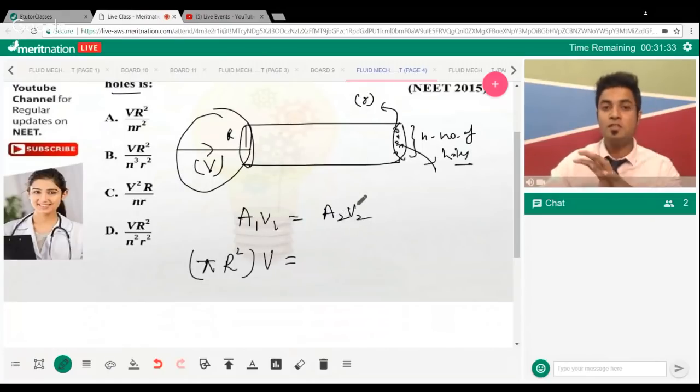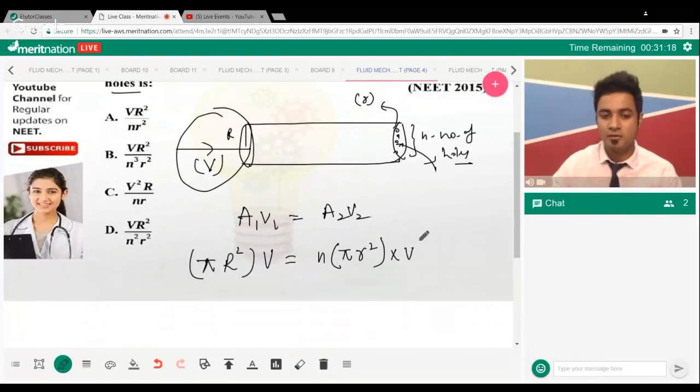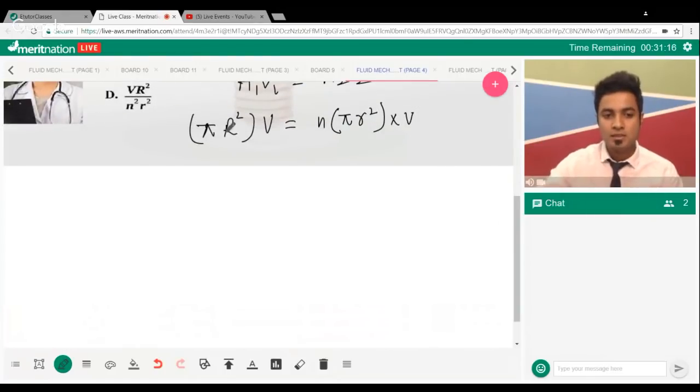You have to consider the n holes, because water is coming out from all the holes, so we multiply n with each hole's area, and we need to calculate the velocity here, right? How would you do that? See, pi will get cancelled out, and the small v comes out to be v r square upon n r square, isn't it?